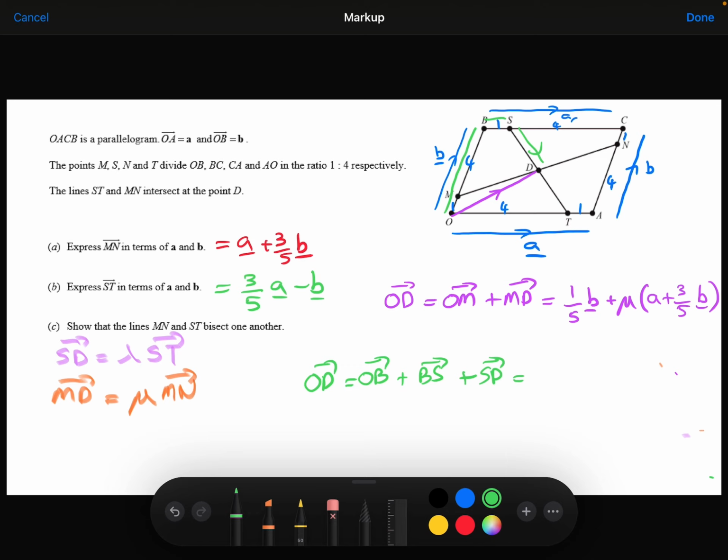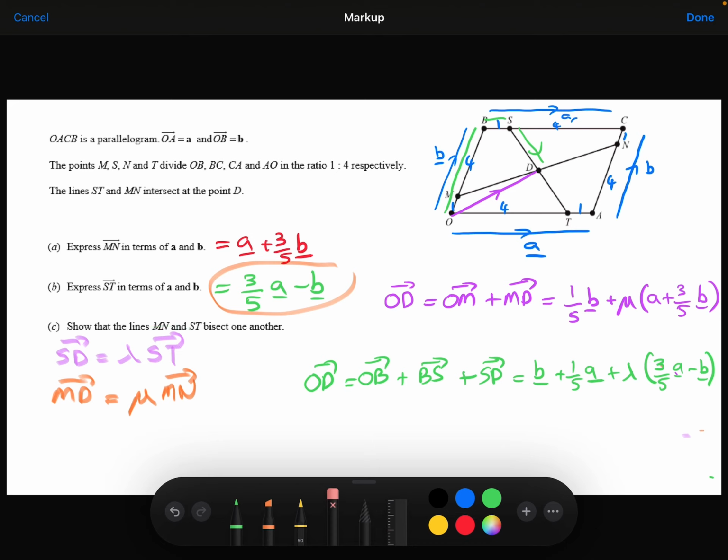Right, so the O to B is just B. The B to S is 1/5 of A. And the S to D, I know is lambda times S to T, which I worked out in part B of the question, is 3/5 A minus B. Right.